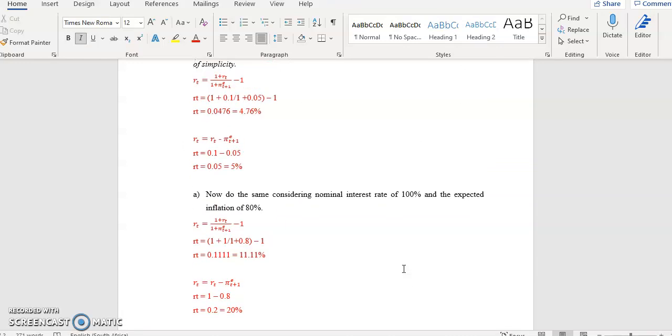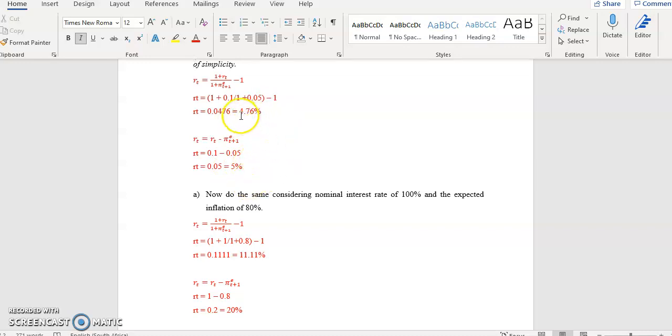Firstly, we look at the first calculation and we see that our real interest rate is 4.76% and our approximated interest rate is 5%. Looking at the difference between these, the difference is very low.